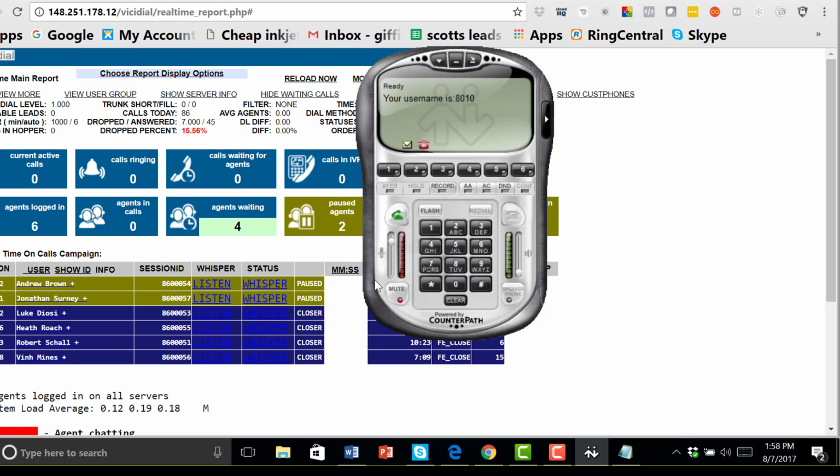Now, what our guys are doing is they're doing their callbacks on their cell phones while they're waiting over here for the calls to come in, because there are some slow hours. We want you to do callbacks. So you'll have your cell phone next to you, and you can dial your callbacks.